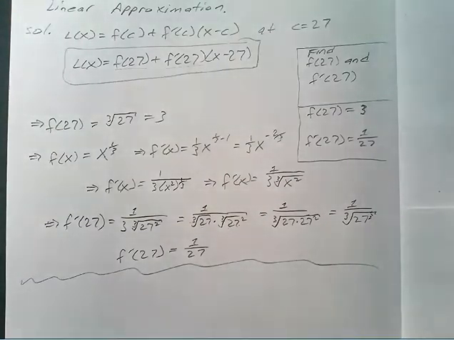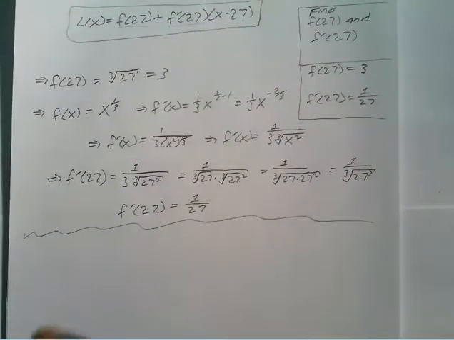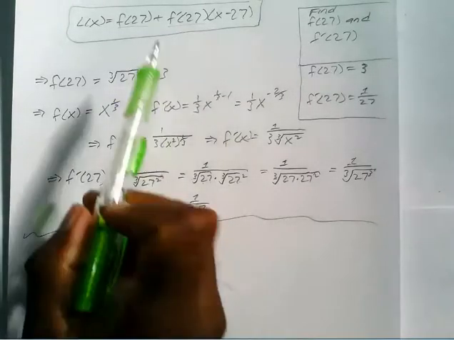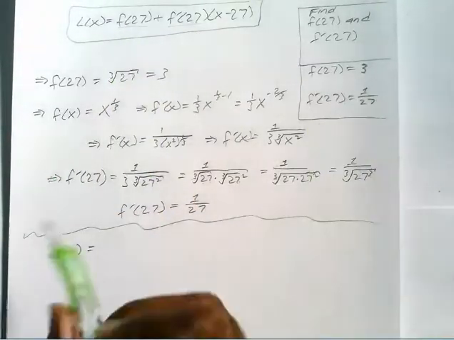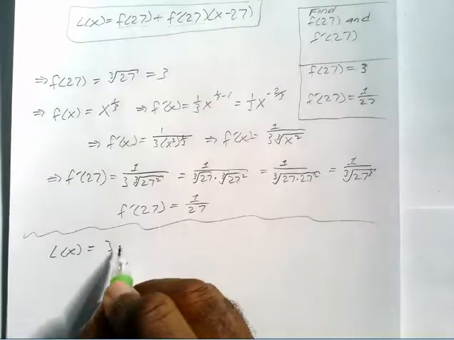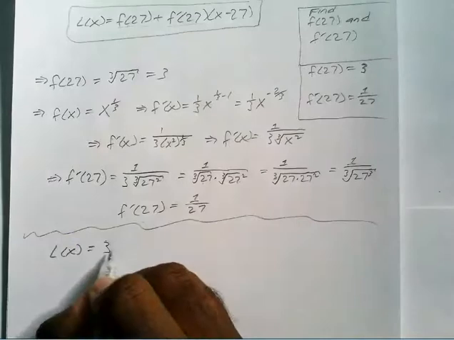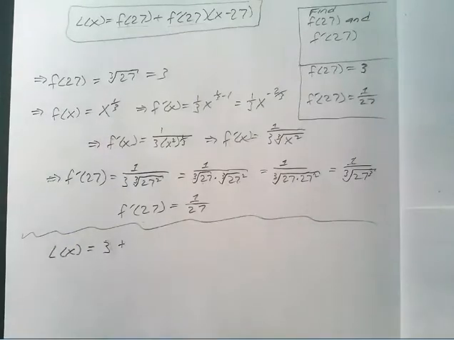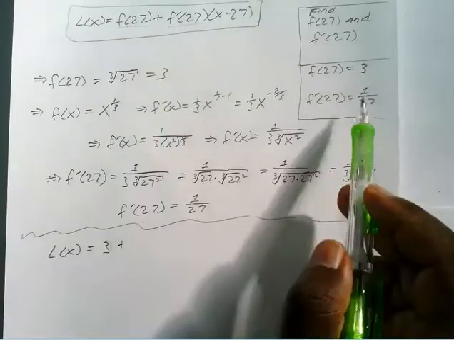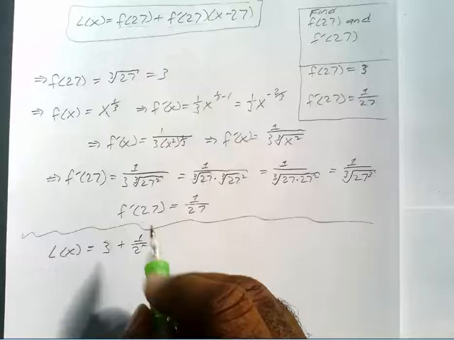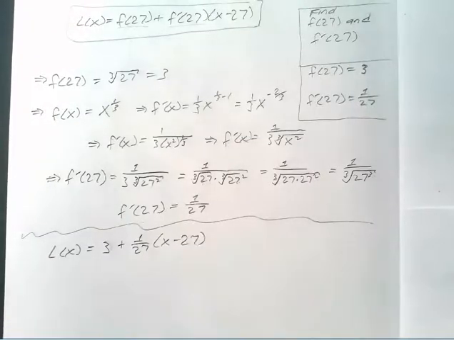Alright, so now we can use our linear approximation formula. Okay, so our linear approximation is equal to f of 27, which is 3, plus we have our f prime of 27, which is 1 over 27, times x minus 27.